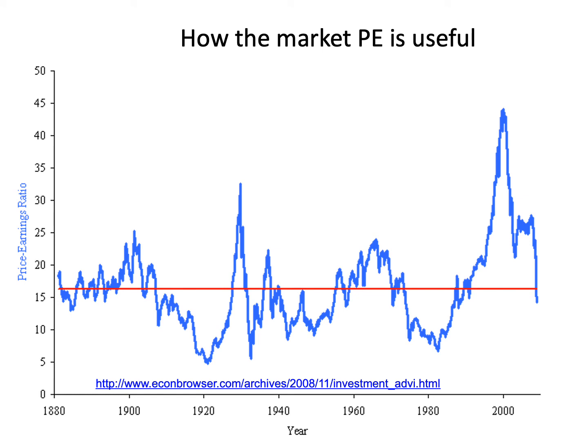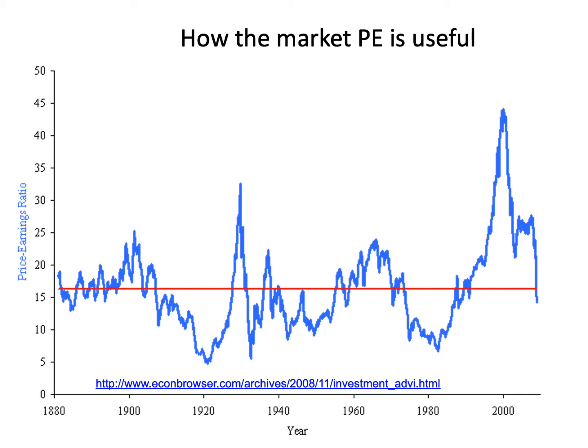Here's some data on the price earnings ratio. It gives ideas of over and undervaluation. So this is looking at a long-term assumption. I think this is from the Shiller model, Case-Shiller model. You see a long-term price earnings ratio expected in the market of around 17, and you can see periods when this was over or undervalued.